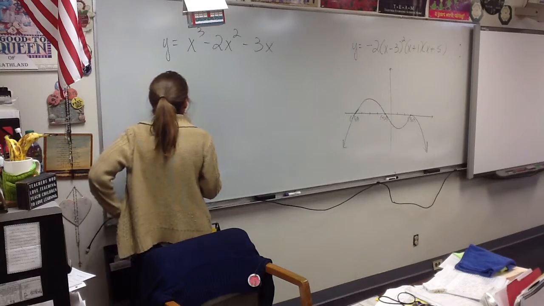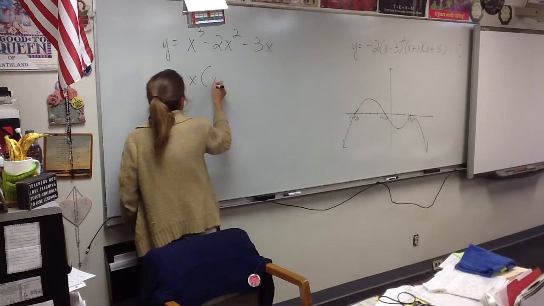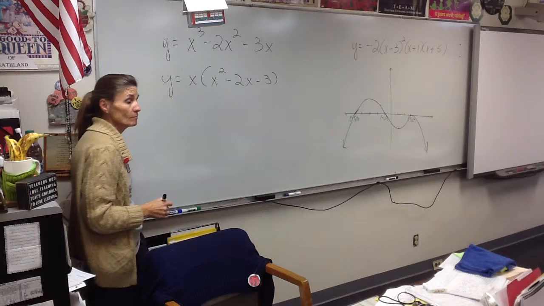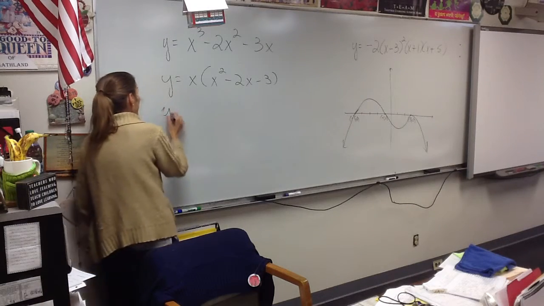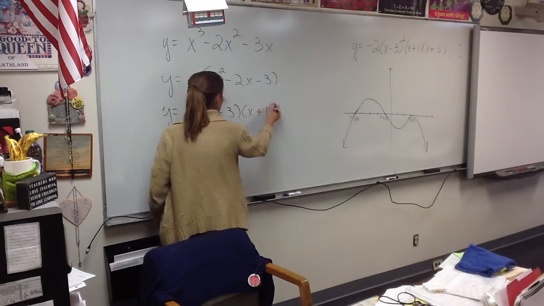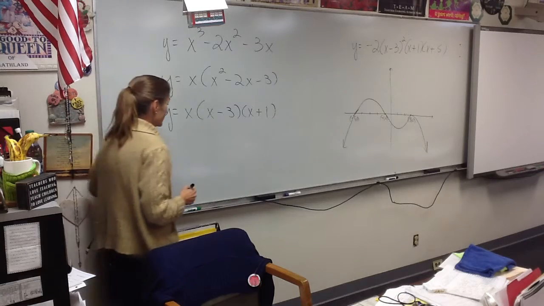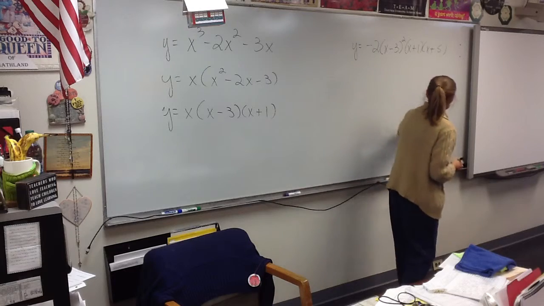Absolutely, we could take an x out. And that would leave us with x squared minus 2x minus 3, perfect. And then since we all passed Algebra 1, x minus 3, x plus 1. Now it's factored. So now sketching it is a no-brainer.